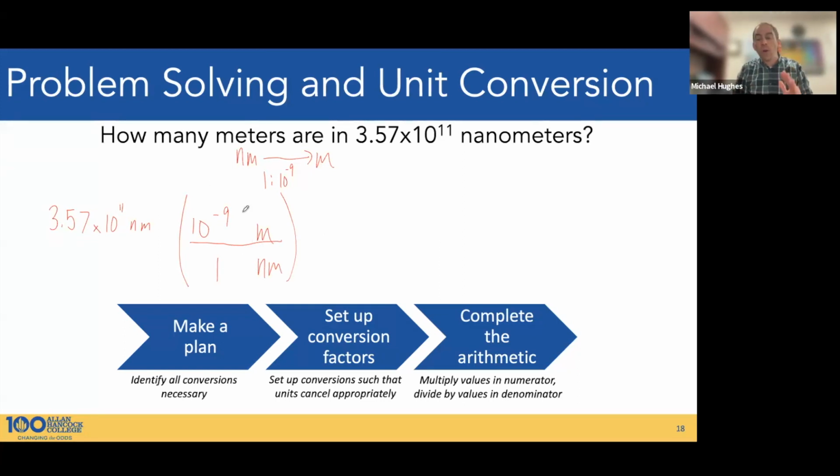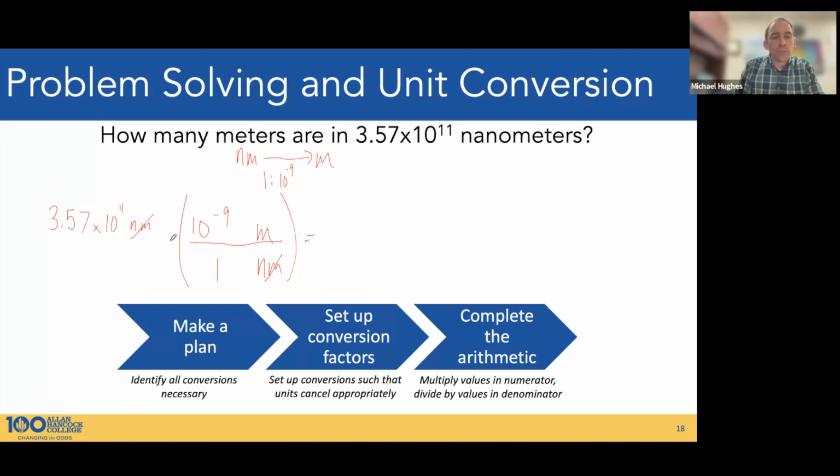But either way you set up this conversion factor, it will work as long as nanometers cancel with nanometers, and this conversion is 1. It does help to remember a nanometer is very small, and a meter is about a yard. It's pretty big. So when you're asking yourself which is bigger, which is smaller, make sure that agrees in the way that you're assessing your values.